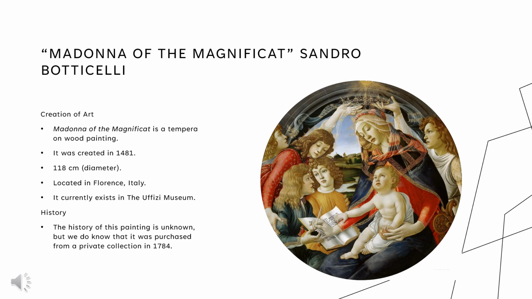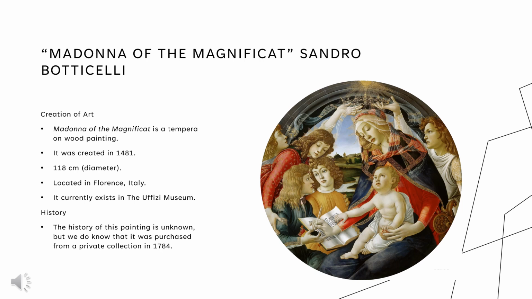This is another significant painting by Sandro Botticelli. It is called the Madonna of the Magnificat. And this is a tempera on wood painting. It was created in 1481, and this painting is in the shape of a circle, so it has a diameter of 118 centimeters.